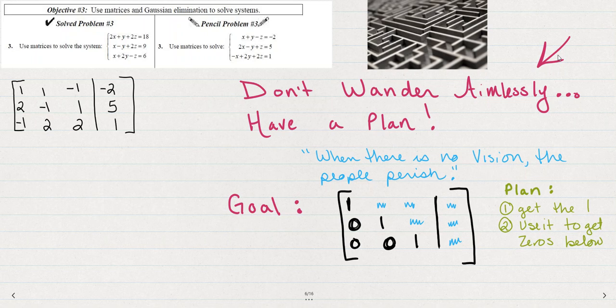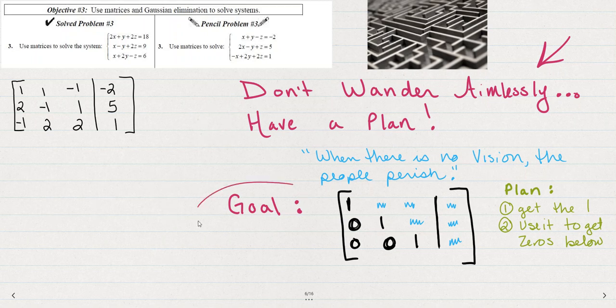Don't wander aimlessly in this maze and get lost. Have a plan. Don't just do one thing after the other, taking a step at a time, wandering in the wilderness. Where there is no vision, the people perish. That's an ancient proverb I've come across and used often. And here's how you do that.